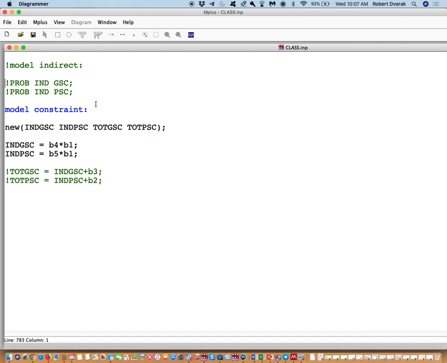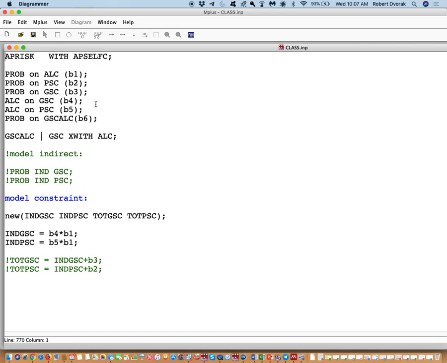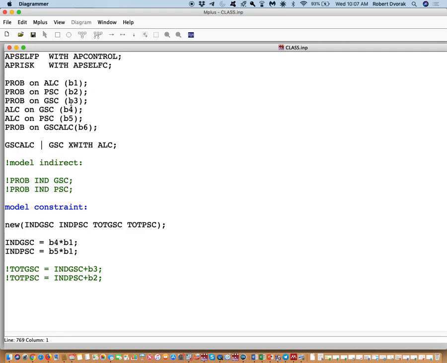If we scroll up to our model here, the path from good self-control to alcohol use is B4. And so we will put B4. And the path from alcohol use to alcohol problems is B1. So we will put B1. B4 times B1.